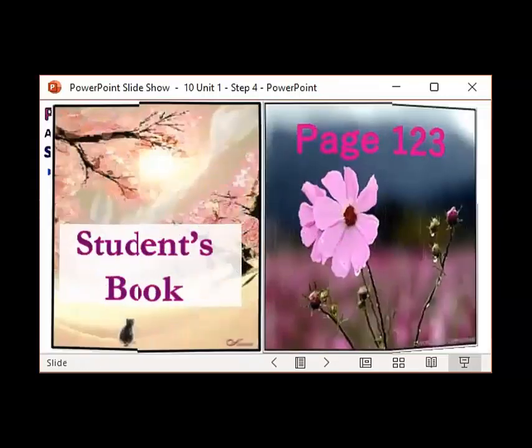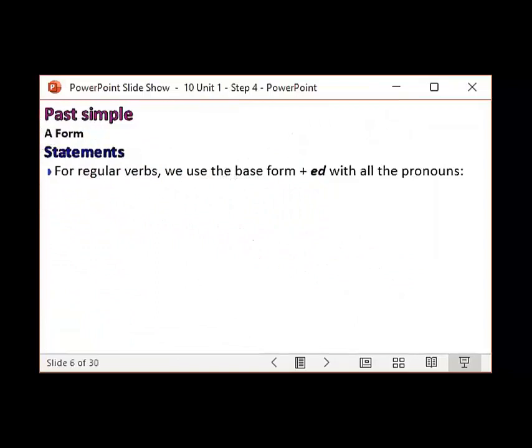Now, let's start with past simple. The form: statement for regular verbs. We use the base form plus ed with all the pronouns.